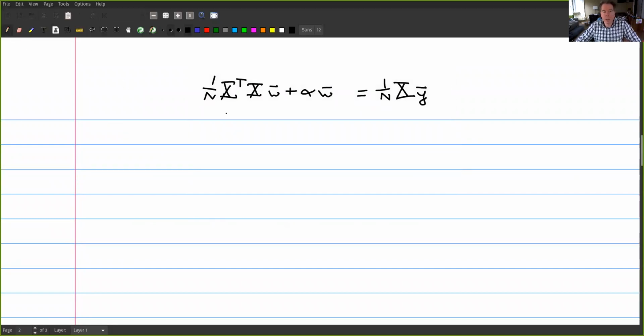And last time when we did this without this regularization term, the 1 over n's canceled out. Here they don't cancel out, but you can still clear them and do a little cheat. So if I multiply through by n, then I get X transpose X W plus n alpha W is equal to XY.